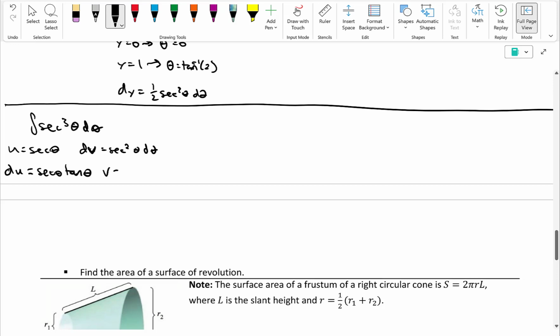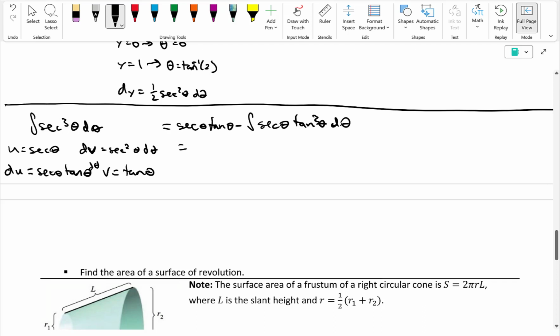And v, when we integrate, is going to be just tan theta. All right, we can throw the d theta there. So our integral here is equal to u times v, so secant theta tan theta, minus the integral of v du, so secant theta tan squared theta d theta.